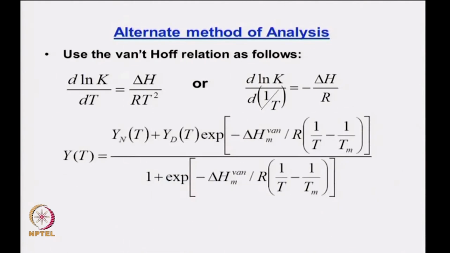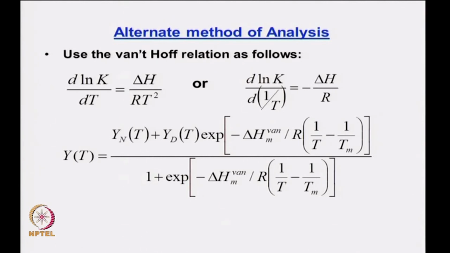Now, remember I had this equation of y in terms of yn, yd and K. Instead of putting in the other equation of K, I put in this K, which gives me this expression. I do a fitting on that based on y of t.